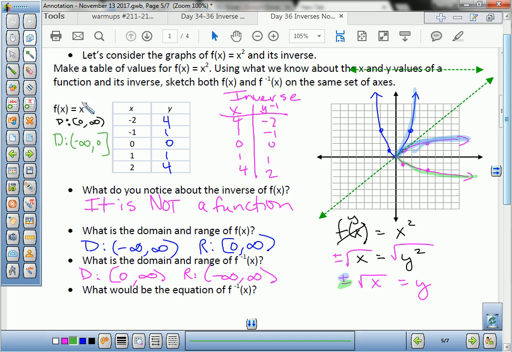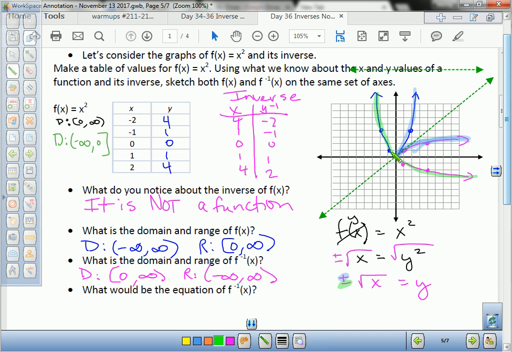If I started off with a restricted domain and I just looked at the left side, it would give me this side. And do you see that it's reflected over that line? So if I restricted the original function, I could have a function. But I have to start with a restricted value. If I don't start with a restricted value, that inverse is not a function.